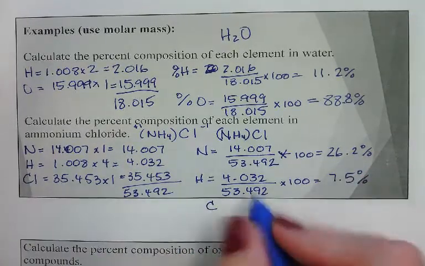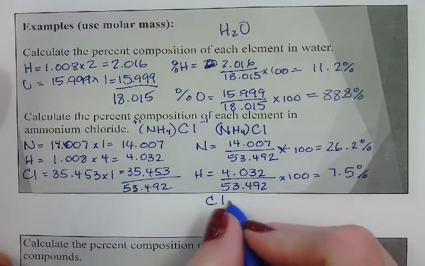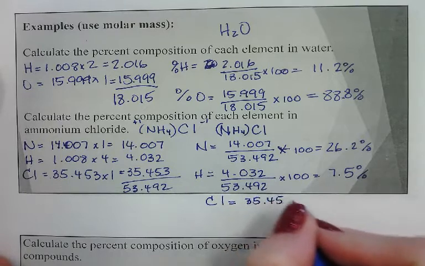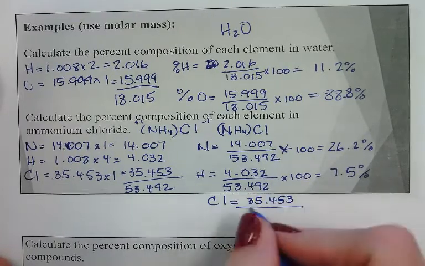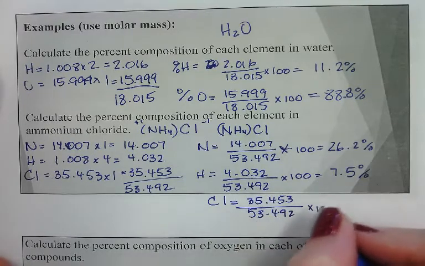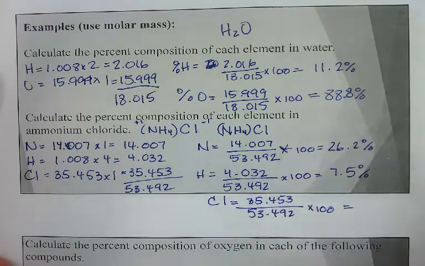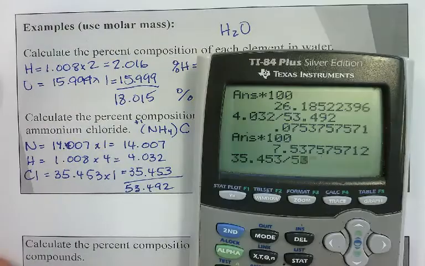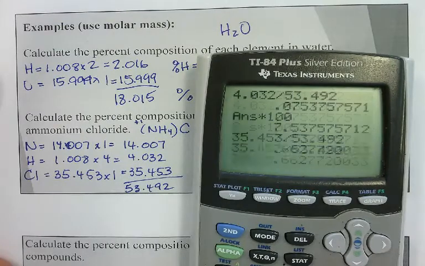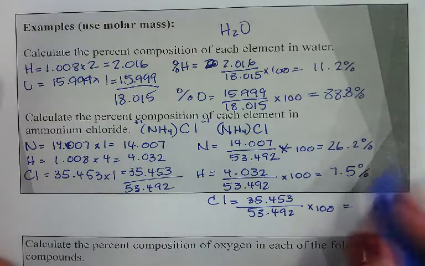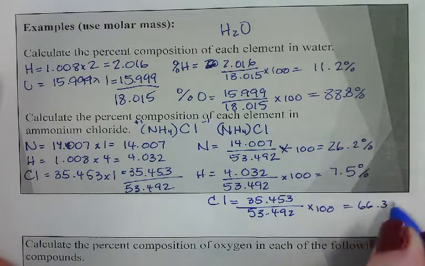Okay, last, chlorine. I'll do chlorine down here, running out of space. Chlorine is 35.453 was the part, divided by the whole, 53.492, times 100, equals 66.3%.